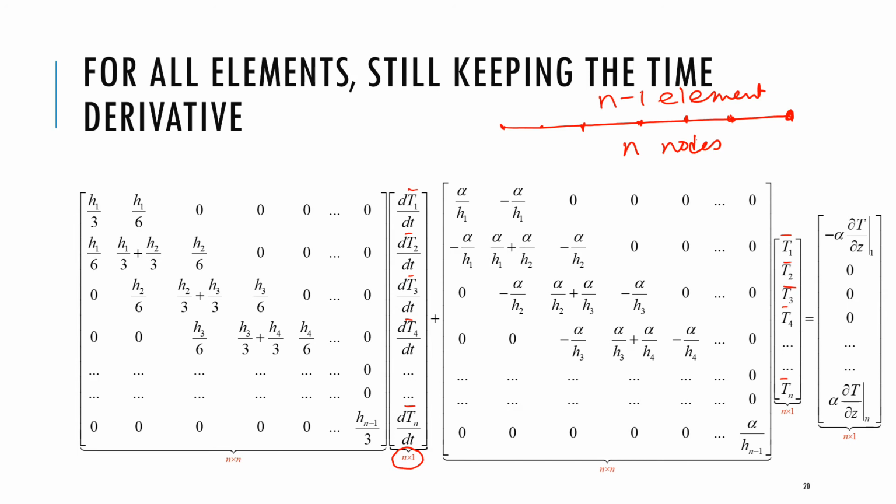So n are those temperature values that we need to calculate. So Tn, Tn minus 1, this is T1, T2. So those are the things we need to calculate, and what I am showing you here is simply the equation from the last slide, but expanded to more than 2 elements.